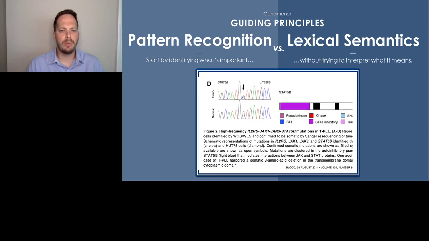A couple of other components here are the difference between pattern recognition and semantic meaning. And our guiding principle here is by starting to just simply identify what's important and leaving the interpretation of what it means to the human reviewers who use our software or otherwise who are internal to Genomenon and develop these very large data sets for our pharma clients.